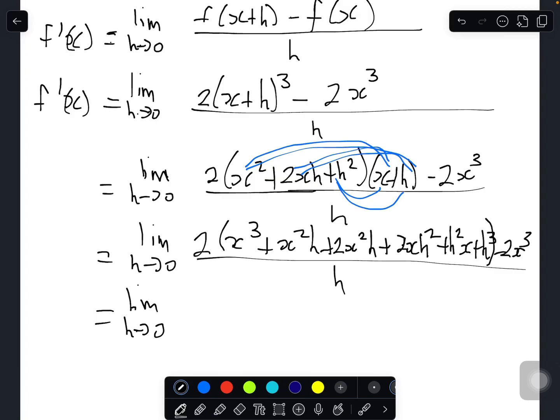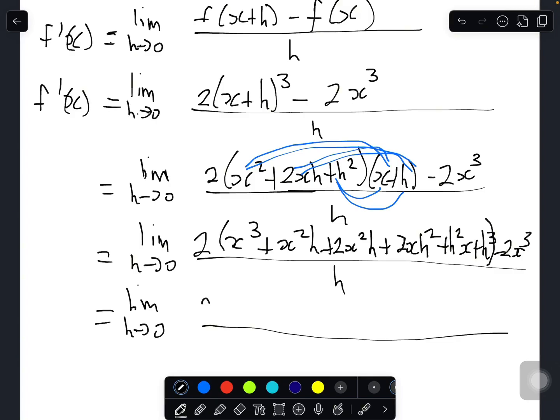Let me just make sure my answer is correct. Okay, so I'll have here x squared times x to the power 3, x squared h, yes, 2x squared, yes. Okay, that is right. So let's look at this now.